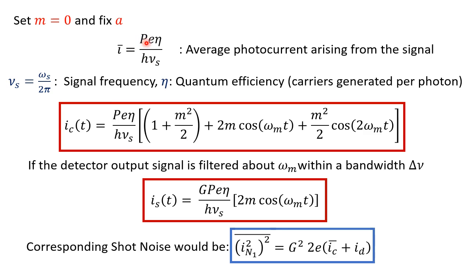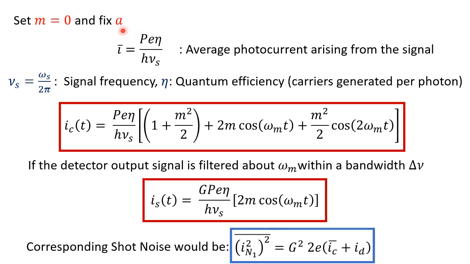Multiplying by eta gives the efficiency with which electrons are generated, because eta is the ratio between the number of electrons generated and the number of input photons, right? So this quantum efficiency multiplied by the charge of the electron will give me the average photocurrent arising from the signal. So I know that this is true.